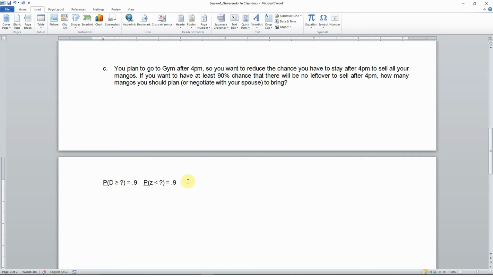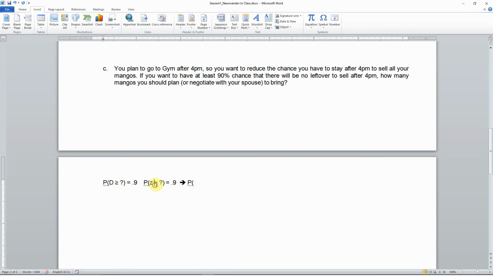So looking this up in a standard normal table, I made a little mistake here.